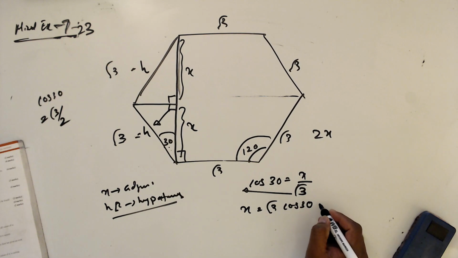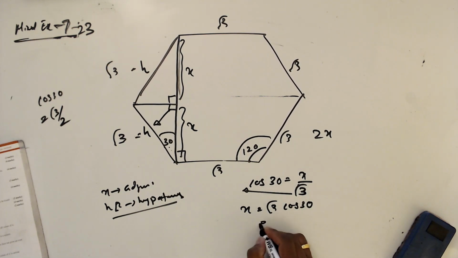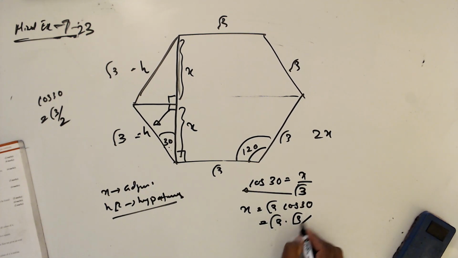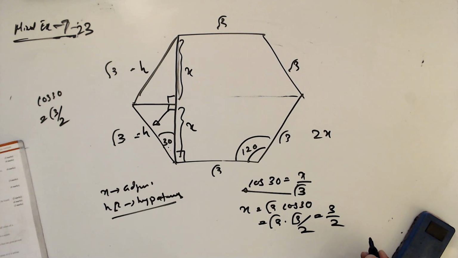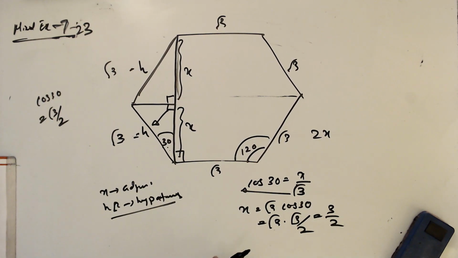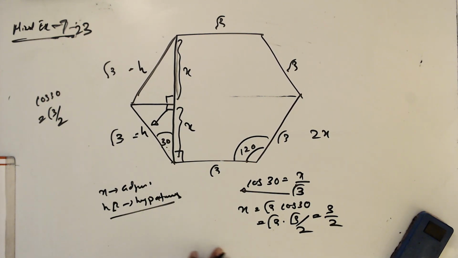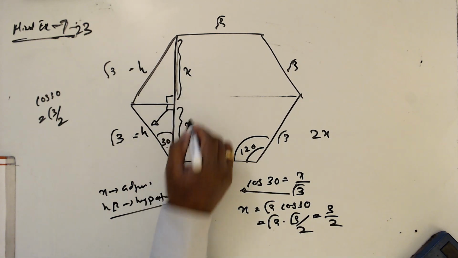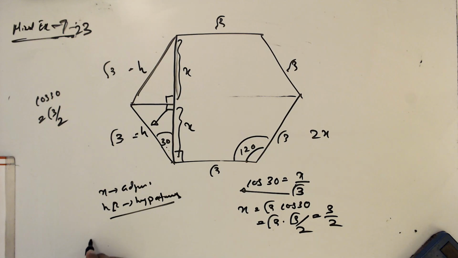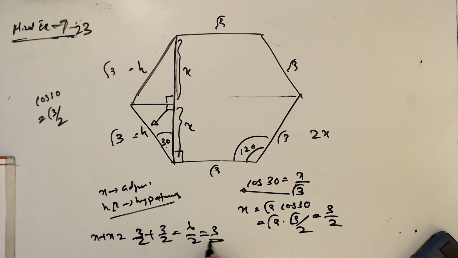So square root 3 times square root 3 over 2 is going to be 3 over 2.